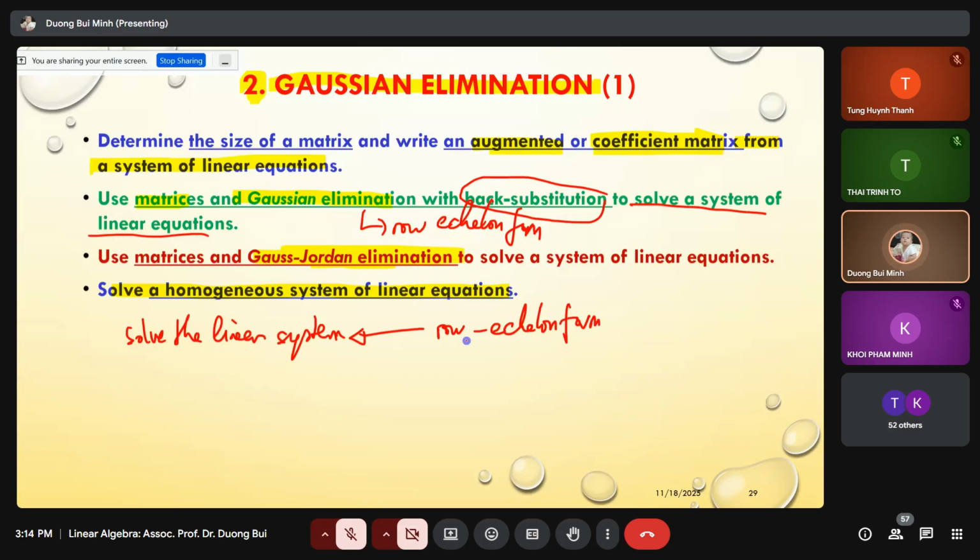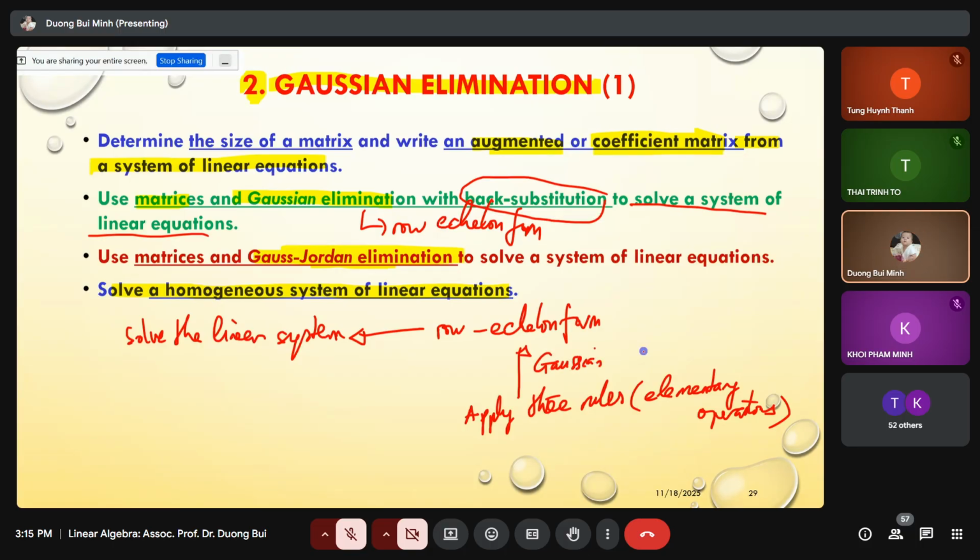To get the row echelon form, you need to apply three elementary operations. When we apply the 3 rules to get the row echelon form, we call it Gaussian elimination.